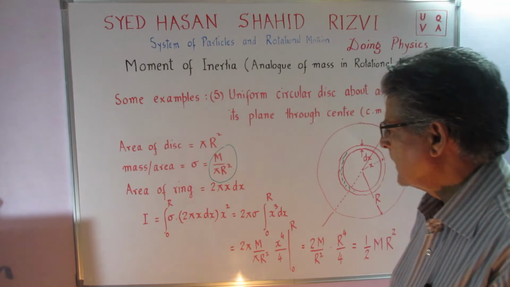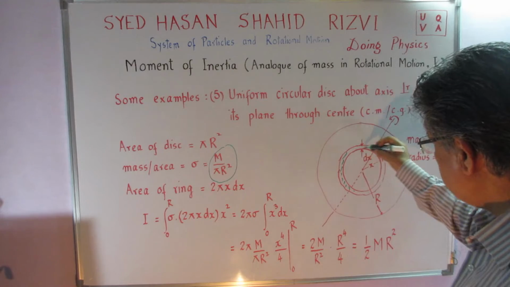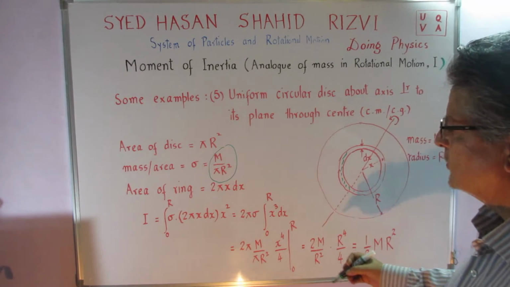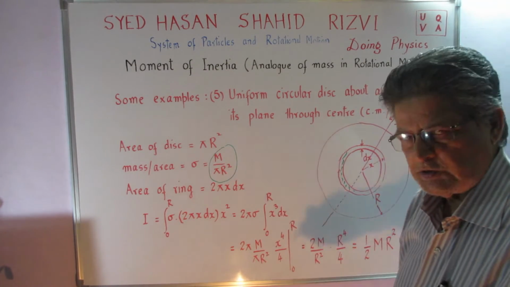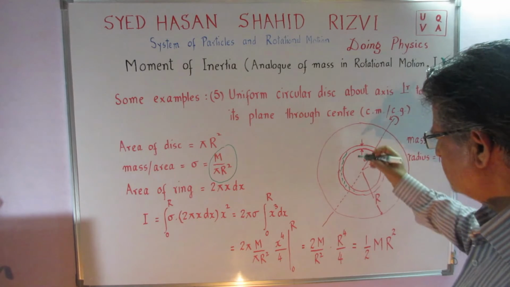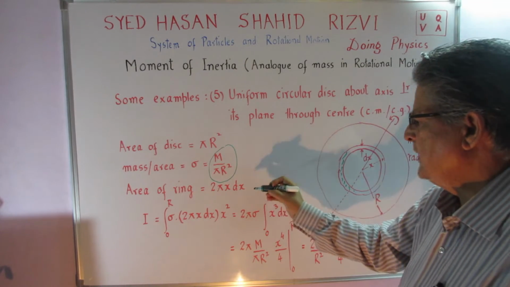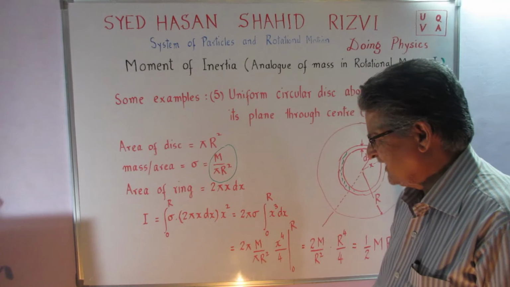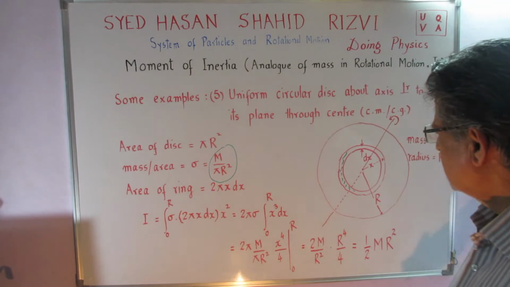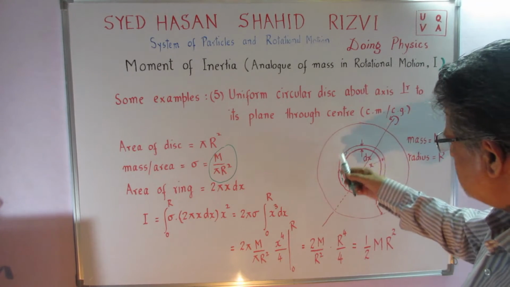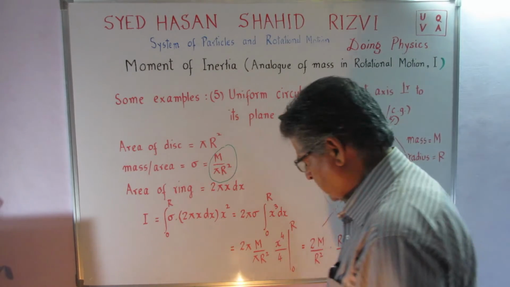Simple. And the area of this ring will turn out to be equal to 2 pi x, which is the circumference, multiplied by dx, which is its thickness.